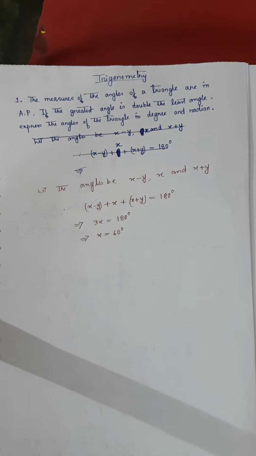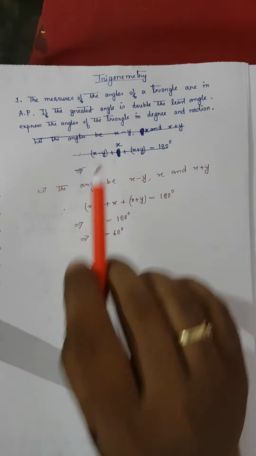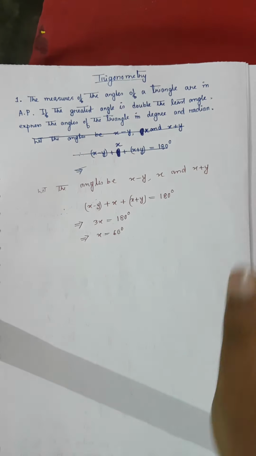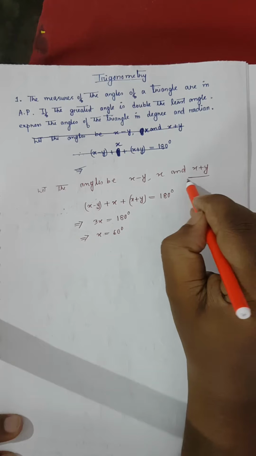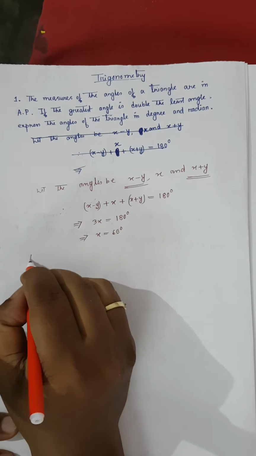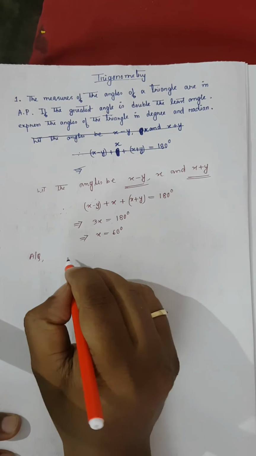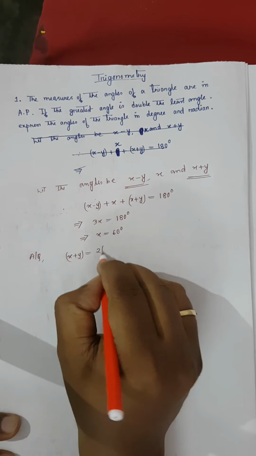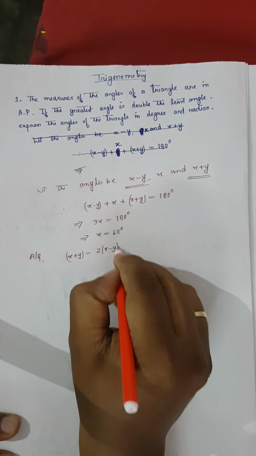Now you are given another condition: the greatest angle is double the least angle. So here x plus y is the greatest angle and x minus y is the least angle. According to the question, x plus y is twice x minus y.